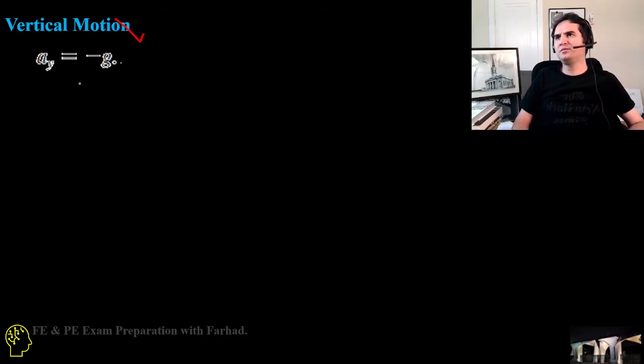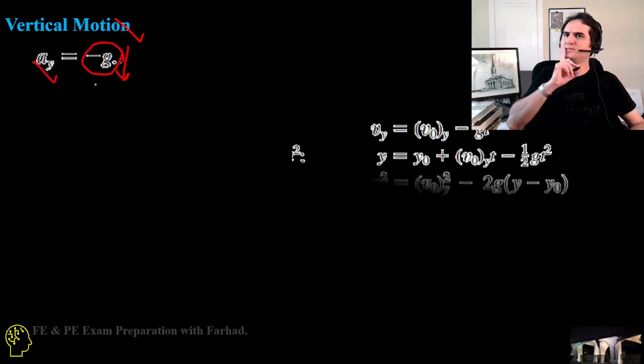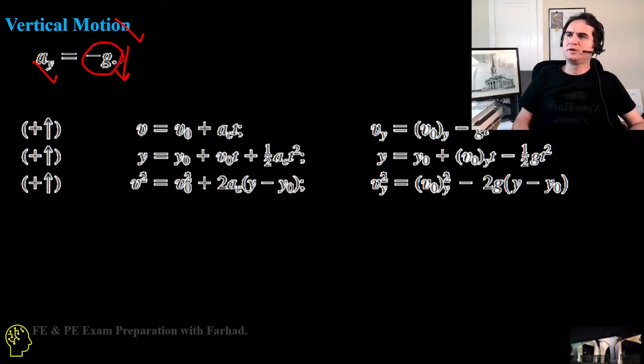But in the vertical motion, we have a negative g downward acceleration. So in the positive y direction, v is equal to v naught plus a times t. That's vy is equal to v naught y minus gt. y is equal to y naught plus v naught t plus a half of a times t squared.